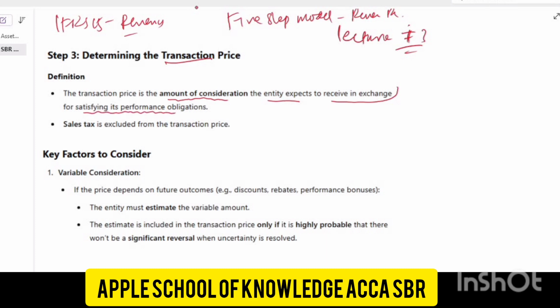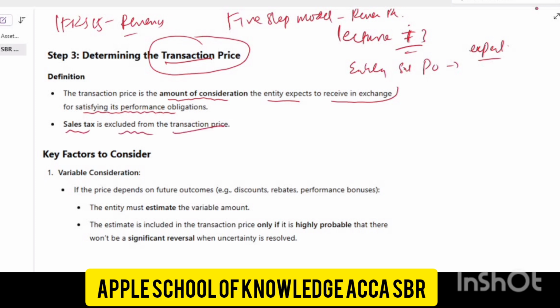So when the entity satisfies the PO, then they will expect an amount of consideration, and that consideration we call the transaction price for the contract. And we have already discussed that sales tax should be excluded from the transaction price.